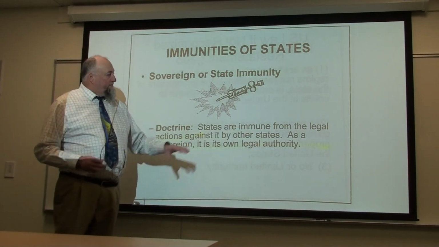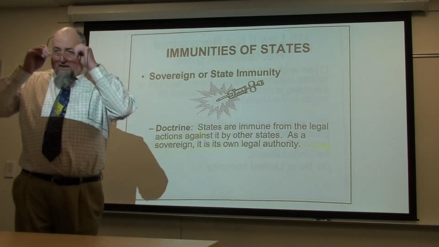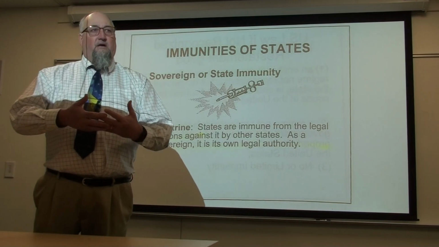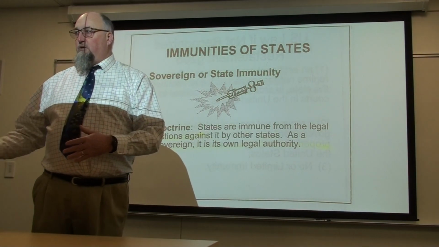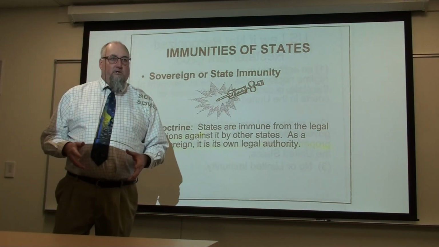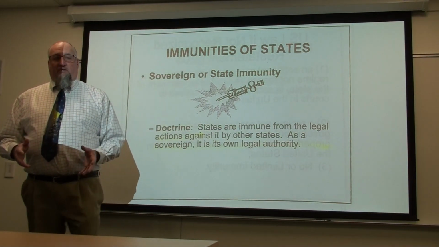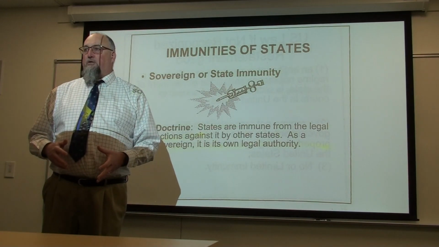Fast forward though, also behind this idea of immunity is that in the United States we have a three-part government: legislative, executive, and judicial branch. And within the United States Constitution, international diplomacy is solely under the purview of the executive branch.